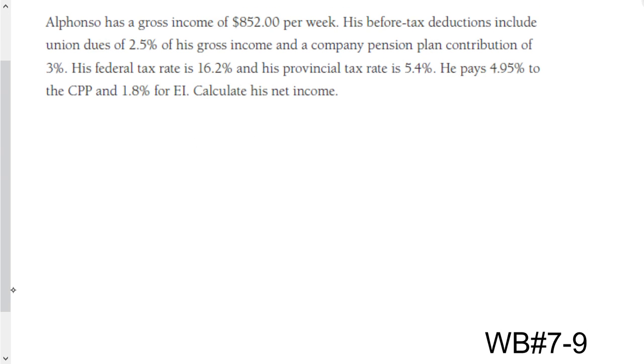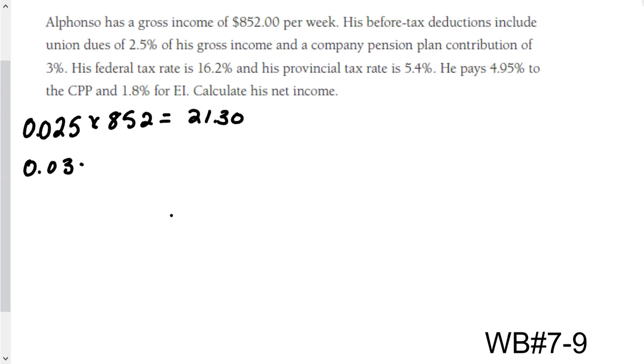So, first, we need to calculate his union dues and company pension. 0.025 times 852 is equal to 21.30. Then his company pension of 0.03 times 852, the same amount that does not change, is 25.56.